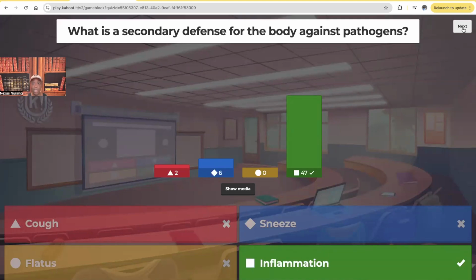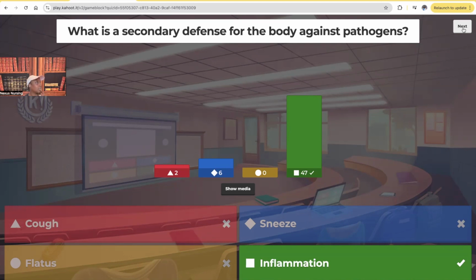Inflammation, right? What causes that inflammation? Everybody's rushing to that area to help. Blood, which contains oxygen, vitamins, minerals, nutrients, WBCs, everything's rushing to that area to help. Inflammation. We also see swelling. Now, guys, extra points, yes, very good. Extra points if you can tell me what the primary defense of the body against pathogens is.